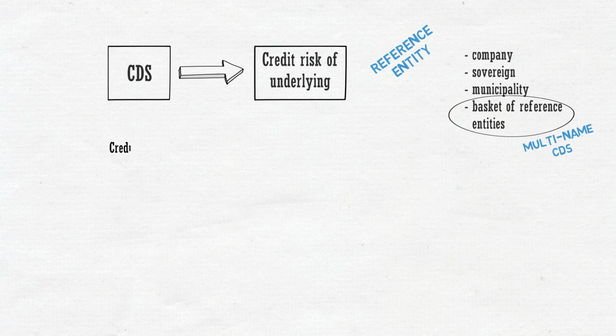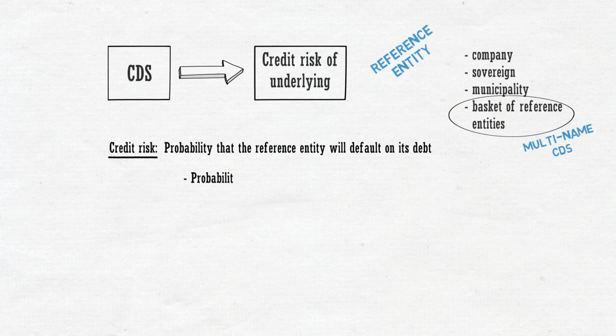Okay, so we know that a CDS deals with the credit risk of the reference entity, but what exactly is credit risk? It's the probability that the reference entity is going to default on its debt. And therefore, credit risk is commonly measured by a metric known as the probability of default. There are other ways also in which you can measure credit risk.